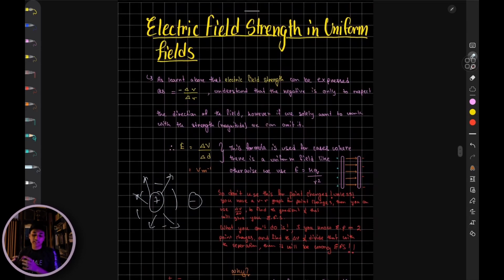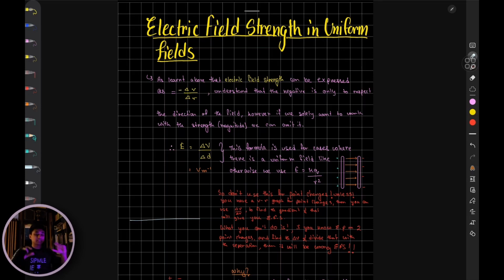In our case, in uniform fields, you're going to notice, let's say, in gravitational fields, you probably have heard of radial and non-radial field lines, that is, uniform and non-uniform field lines. In that case, you'll notice that near the Earth's surface, where the curve is so negligible, you can consider it to be almost straight, which is why near the Earth's surface, the gravity g is constant, and you can use mgh for small changes in altitude to find the change in gravitational potential energy.